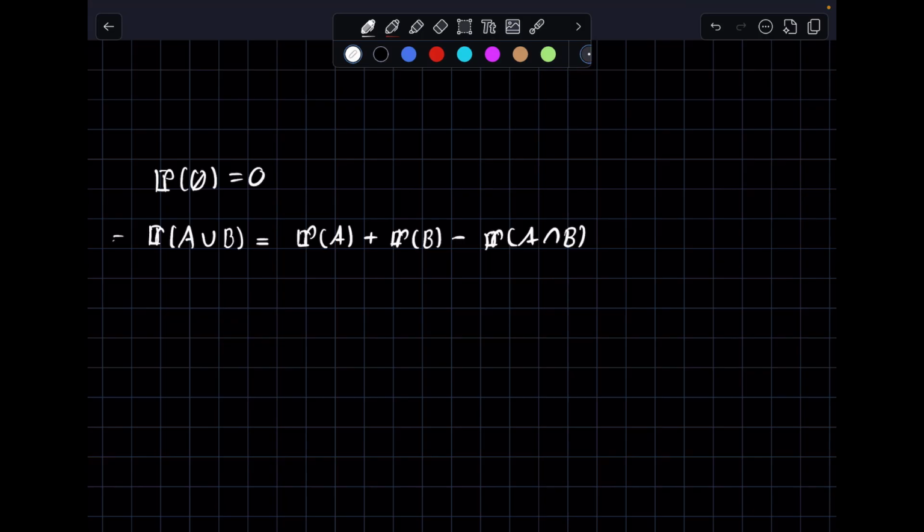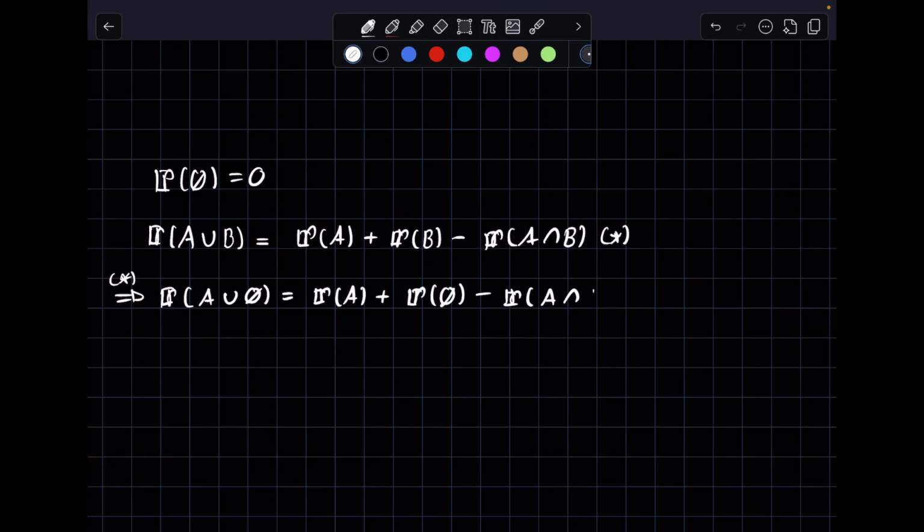So knowing this, we can write this as asterisk, and then we are going to recall asterisk to say take any set, so the union of these two is going to be A plus this, minus the intersection of both.